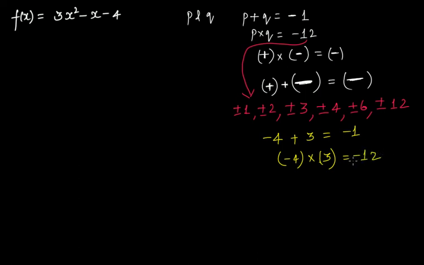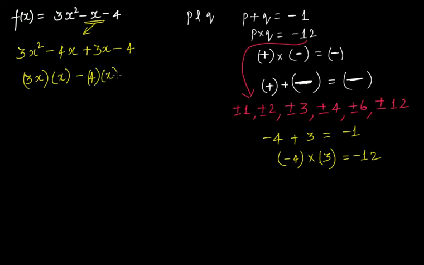Right? So it means that if you split this one into two terms, this is 3x squared minus 4x plus 3x and minus 4. Now this 3x squared can be written as 3x multiplied by x, and this is minus 4 multiplied by x. This is 3x and this is minus 4. Now in these two terms, that is 3x multiplied by x and minus 4 multiplied by x, this x is common. Let's take this x out.